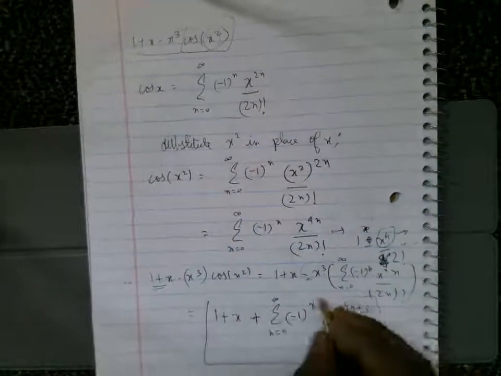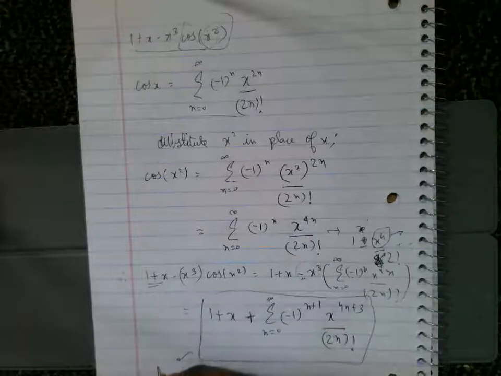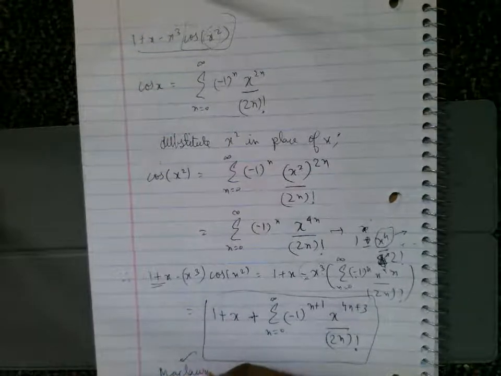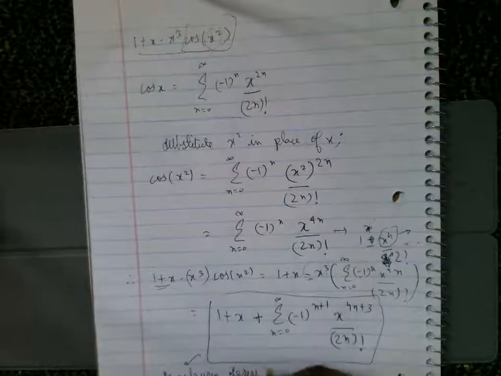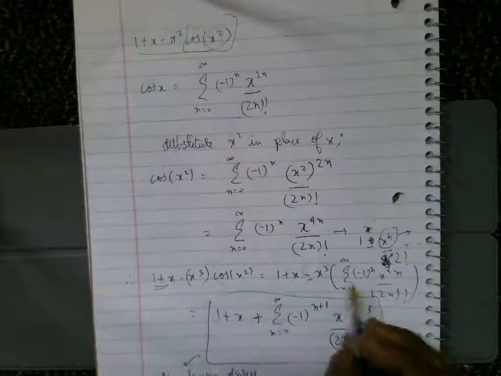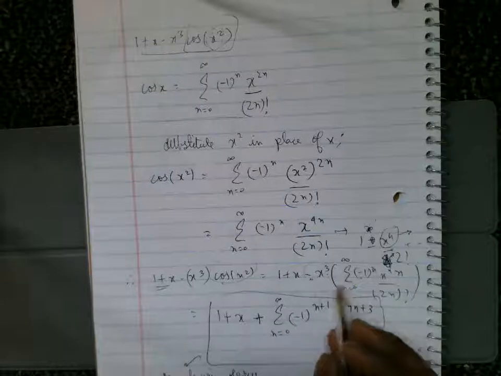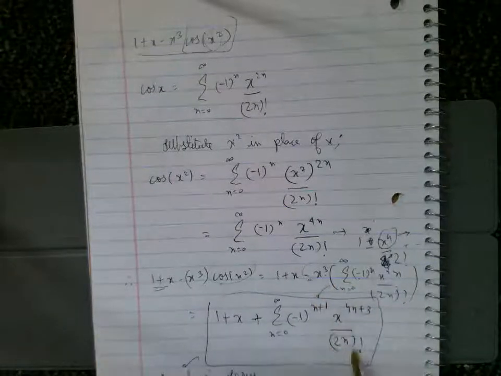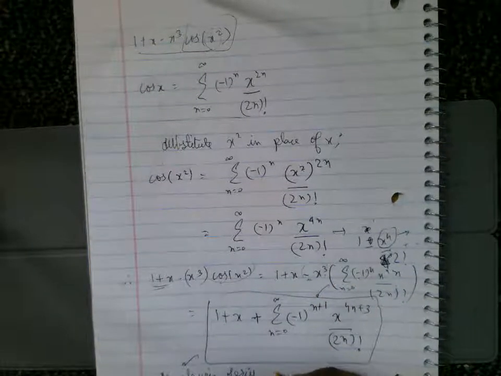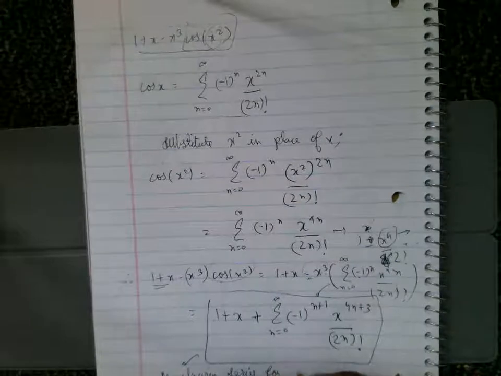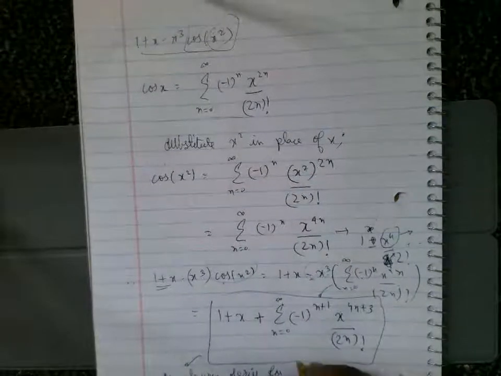So this is a Maclaurin series for the function, so just algebra. You just substitute the Maclaurin series for cos x squared and then simplify this. You'll have this Maclaurin series for the required function. So this is our answer.